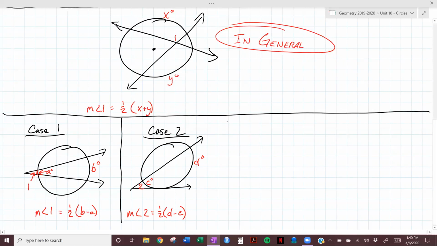And our third case, case number 3, we have a circle. We have a tangent here and a tangent here.